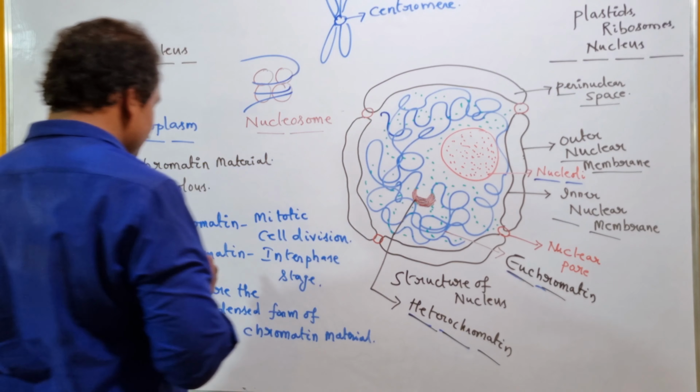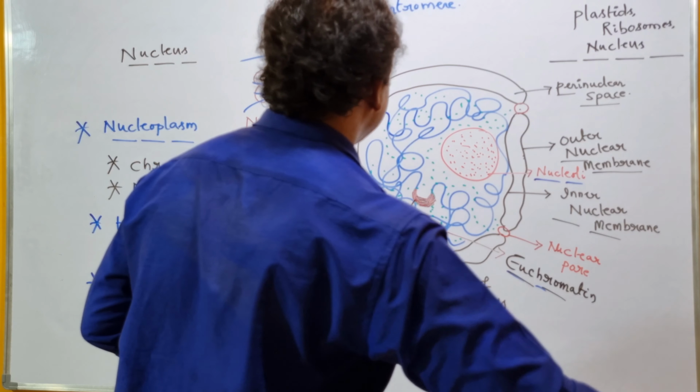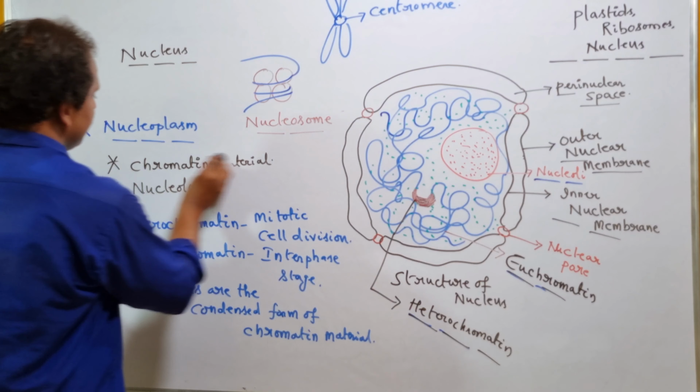So here, basing on the position of the centromere, we can classify the chromosomes into 4 different types. So let me write it here.